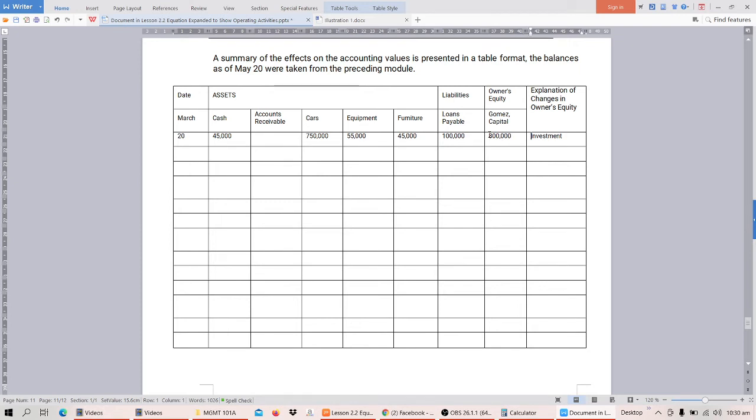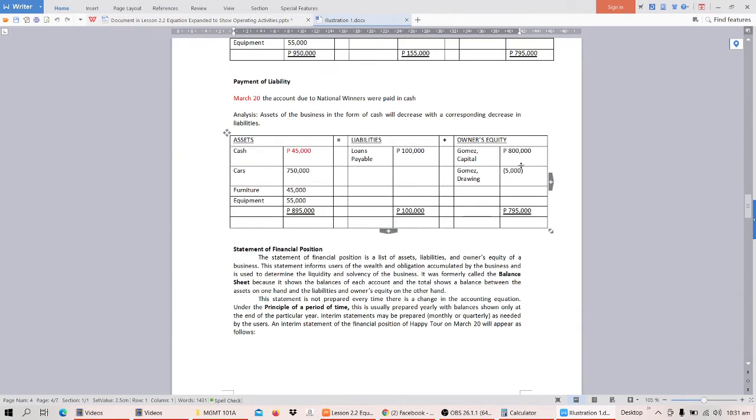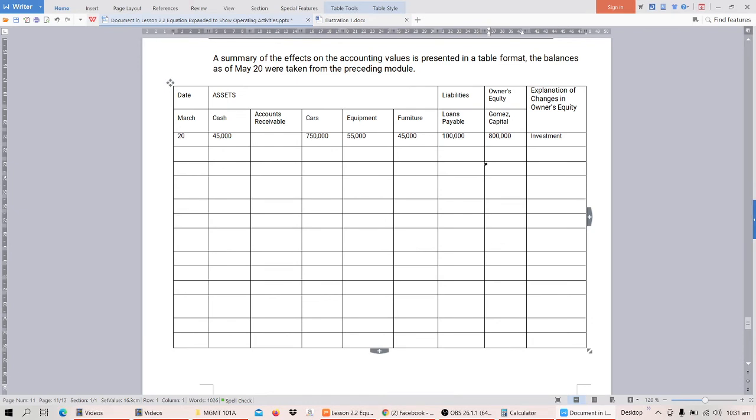This is your investment. Then there is a 5,000 drawings. So you will take note of that one, 5,000 drawings.